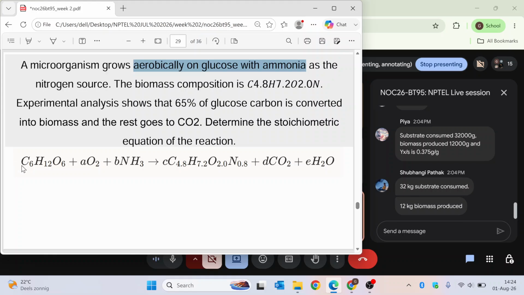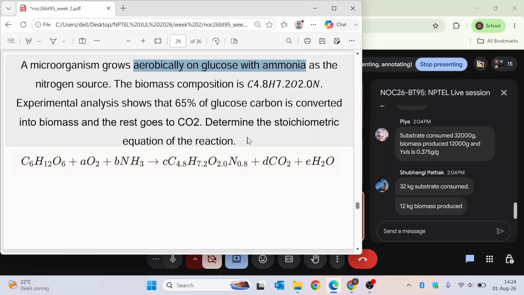So you have glucose, air and ammonia. And for the product, they have only mentioned the biomass, so you need not worry about any other product that is formed here. Your duty is to write the biomass formula like C4.8 H7.2 O2.0 N0.8.